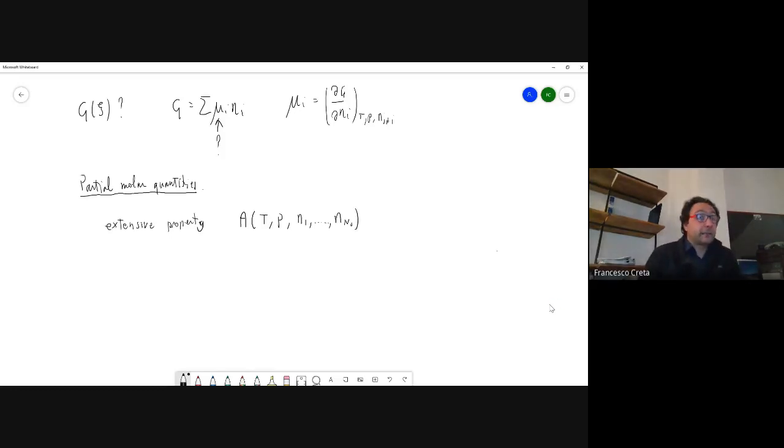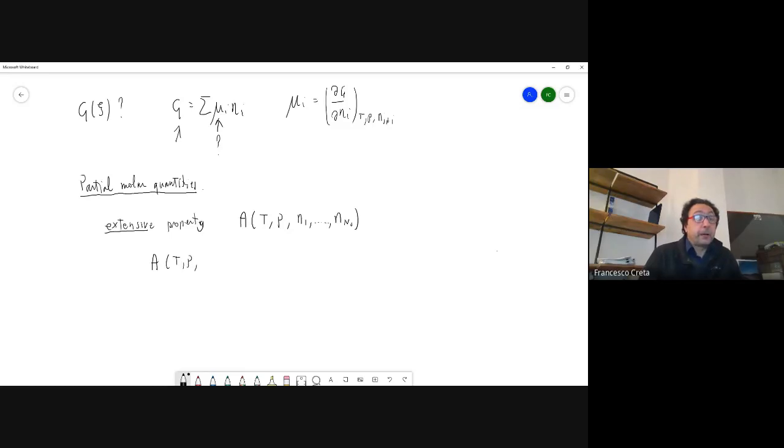So this is extensive. It's additive over constituent subsystems. It is also a homogeneous first order function, and we can apply Euler's theorem to it, which I'd like to remind you is this. So let's write it down.